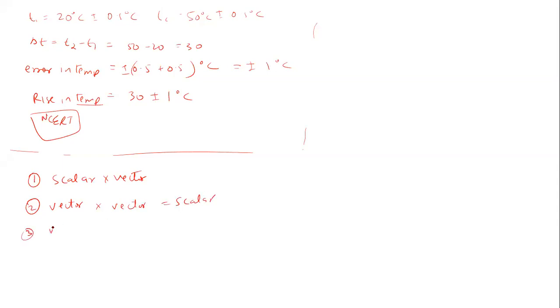And the third one is a vector into a vector, where we get a vector quantity. Okay, fine. These are the three types of multiplication.